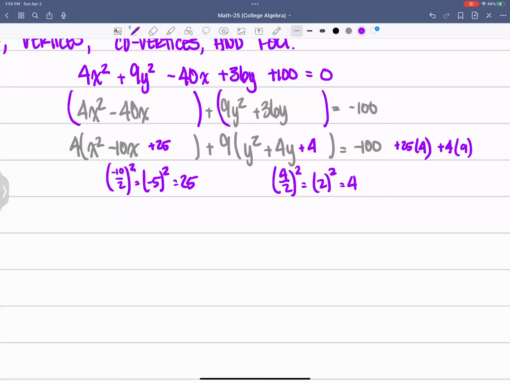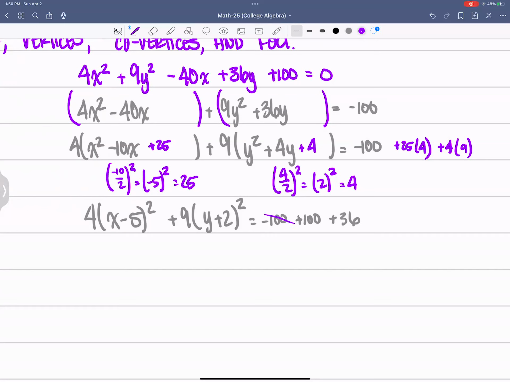So let's rewrite it in the proper form. 4 times (x minus 5) squared, plus, since we still have that 9 on the outside, 9 times (y plus 2) squared, equals negative 100 plus 100 plus 36.